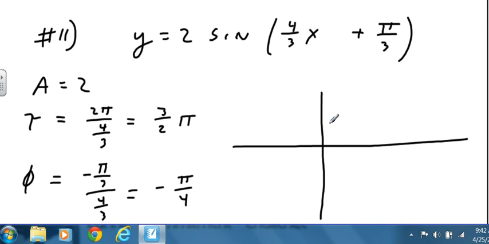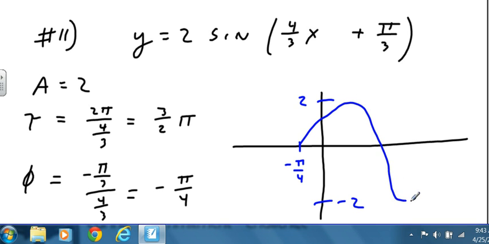All right, so the function is going to go as high as 2, and all the way down to minus 2. It's going to start at minus pi over 4. So there's minus pi over 4. It's a sine function, so it's going to go up to 2, back down, and back to there.